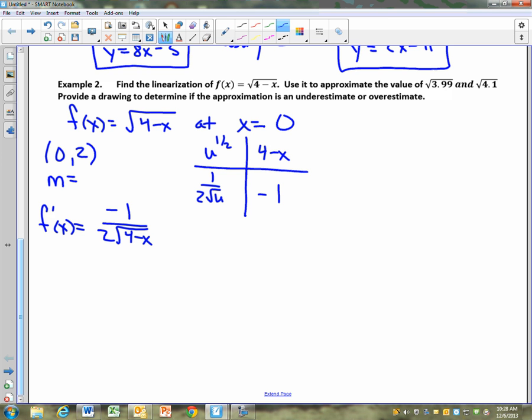So to find the slope, what value do I plug in? 0. And if we plug in 0, negative 1/4.